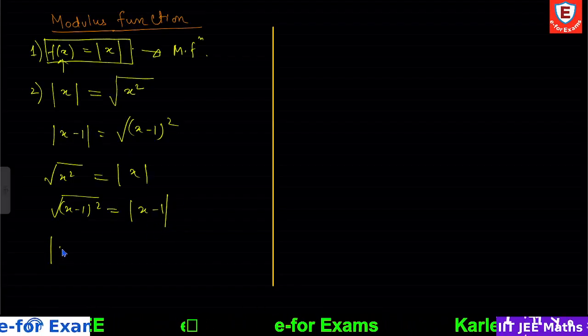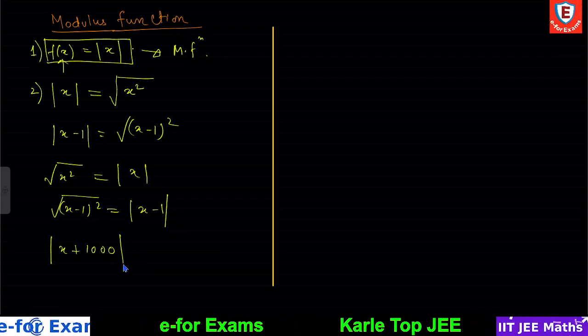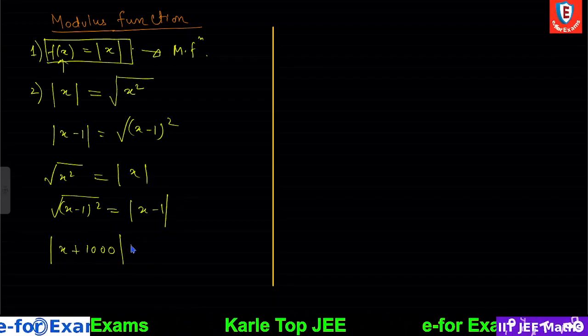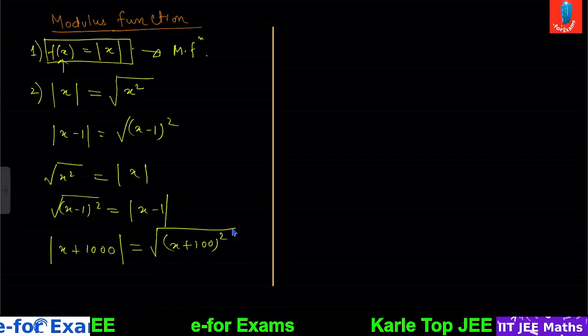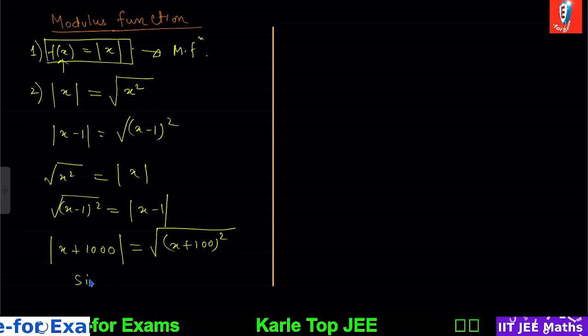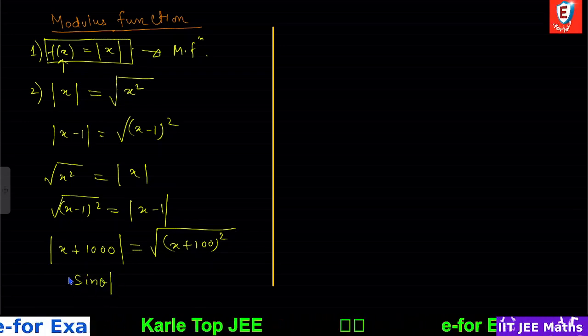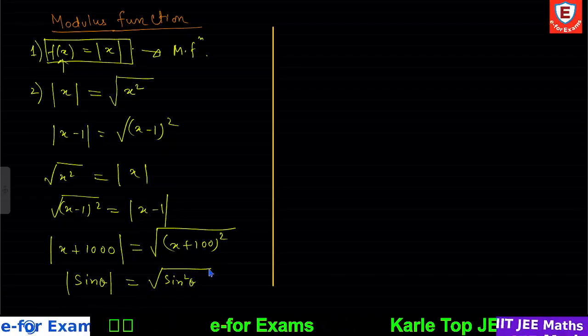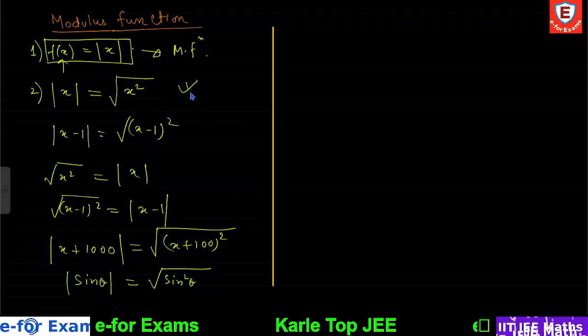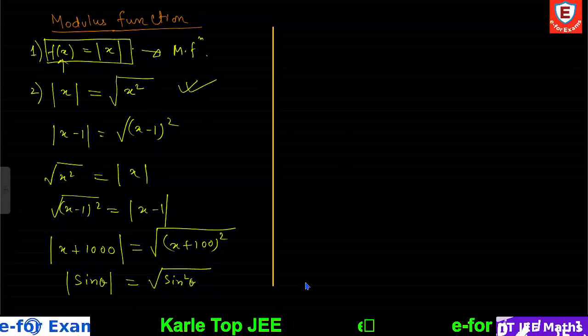So if any mod is given, say mod of x plus 1000, then we can write it as root over x plus 1000 whole square. Got it? For example, if sine theta is given within mod, then we can express it as root over sine square theta. Vice versa. You should know this. This is important. Okay. Point number 3.